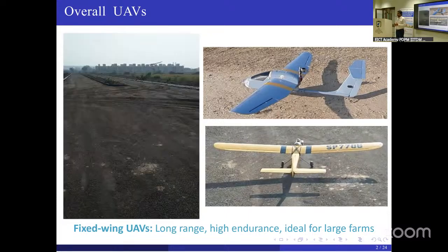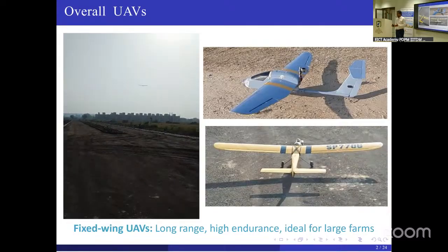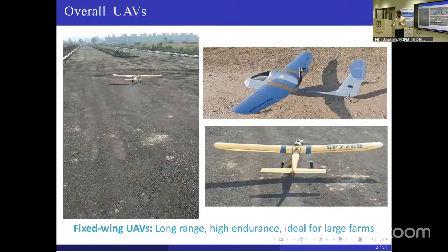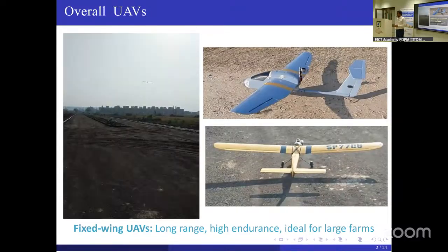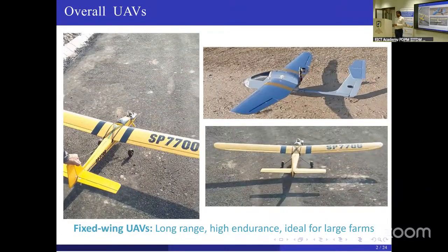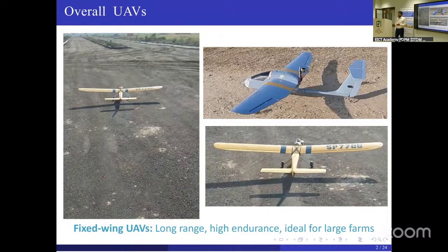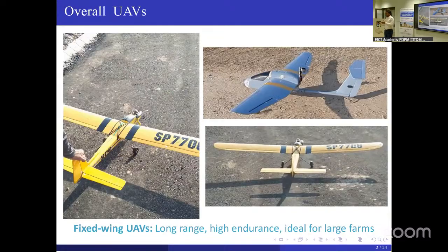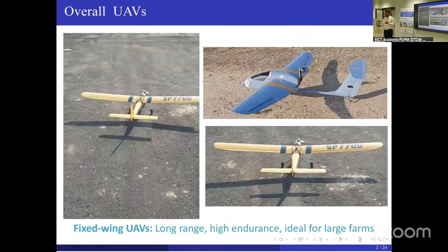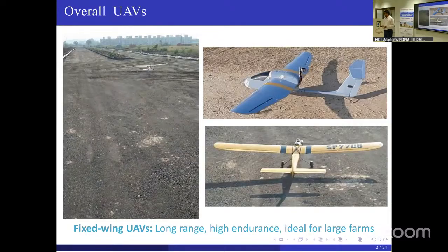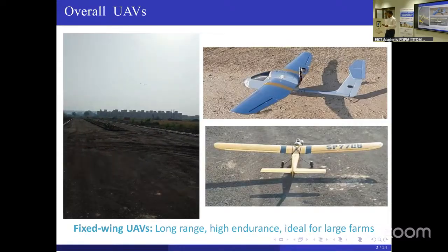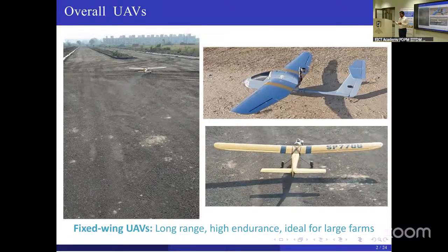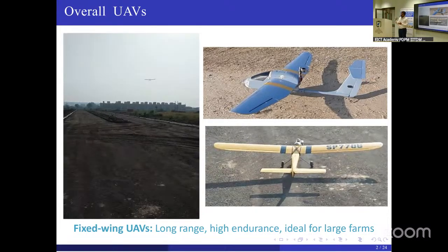A total of 28 teams participated, and we prepared a drone, an RC glider like this, for 800 rupees. We are making it cheaper and cheaper so that everyone can get it. If a farmer is able to invest 2,000 or 5,000, we can provide it to them. That is our objective. But if you go with a high resolution camera, the cost will increase. So we are just minimizing the cost of the drone as well.